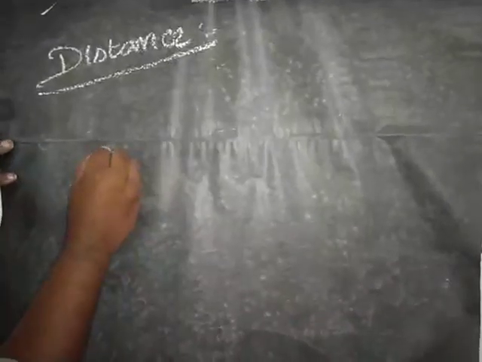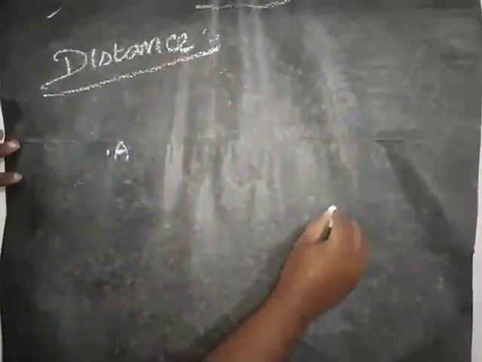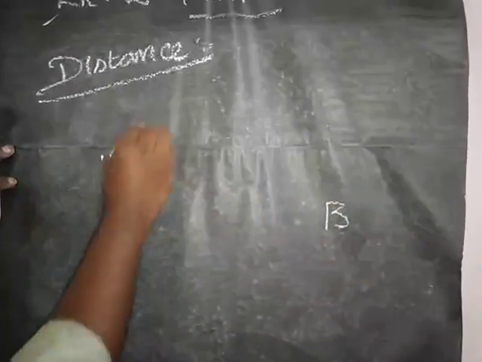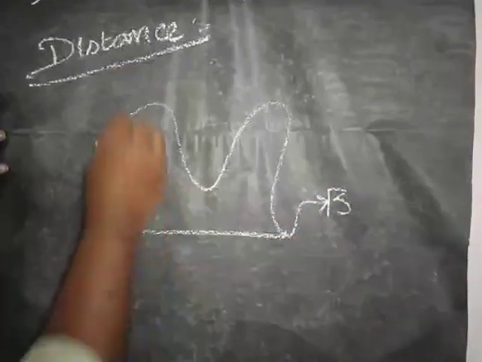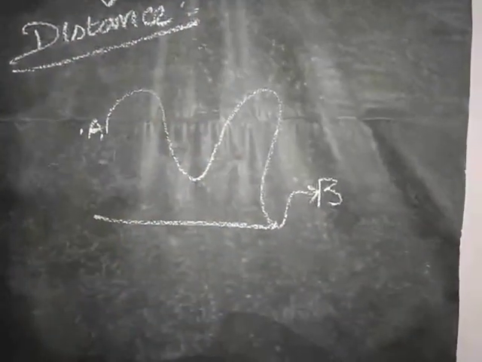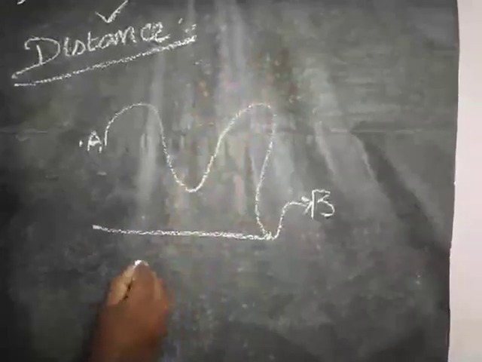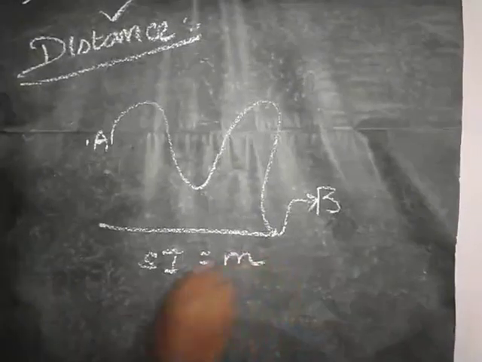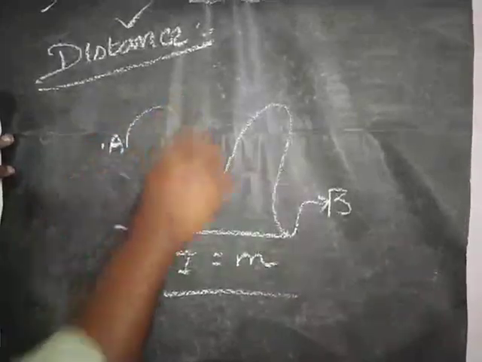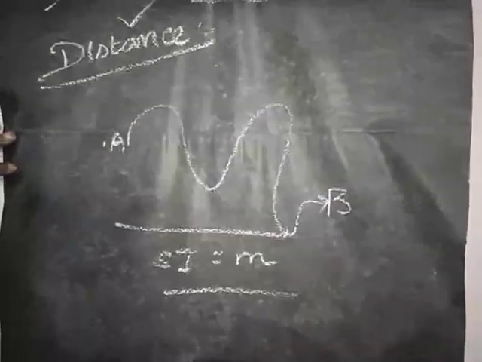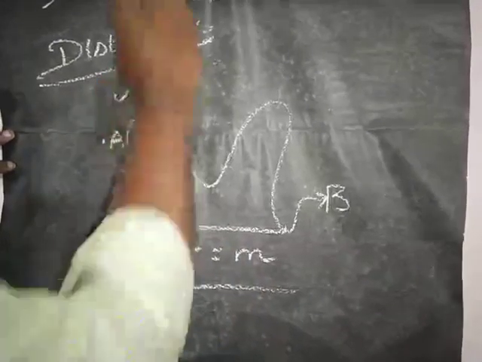For example, if an object starts at A and reaches point B, moving in any direction, that is called distance. What is the SI unit of distance? The SI unit of distance is meter. There is no particular direction; it can move in any direction. That is the definition for distance.